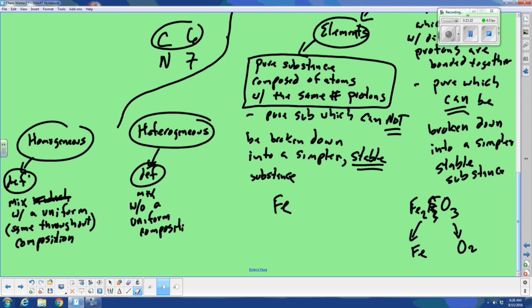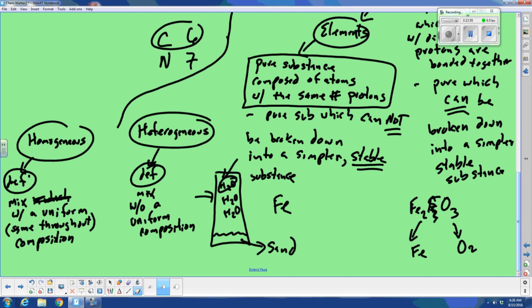And the way I think about this is if I were to taste or drink this mixture, if I had something like sand and water, and I have sand down here, and I have water up here, and I were to drink from the top and drink from the bottom, would I get the same stuff? If I drink from the top here, what do I get? I get water. If I drink from the bottom, what do I get? I get sand. Are those the same? The answer is no, which means it is not a uniform composition, and sand and water would be heterogeneous.